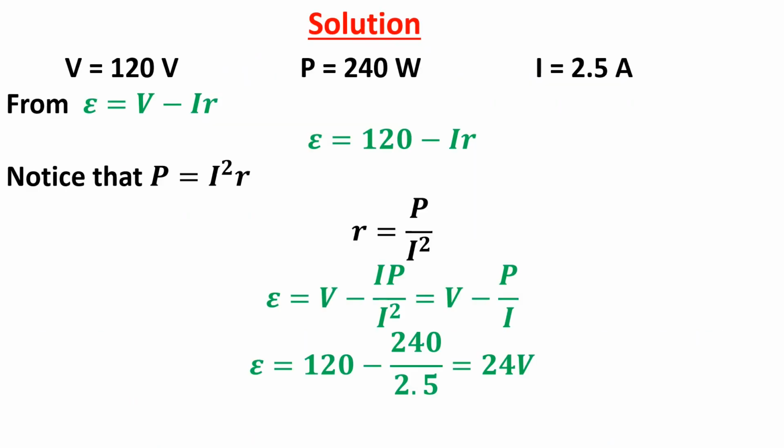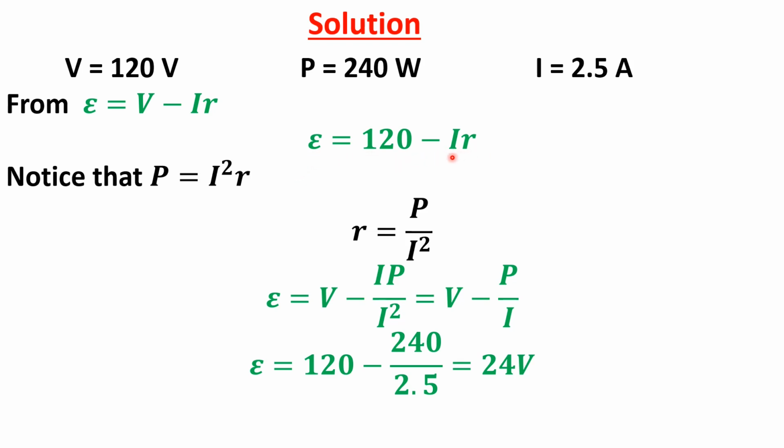So we can now solve our question by using the derived expression for the back EMF. Remember that V was equal to 120 volt, P was equal to 240 watt, and I was equal to 2.5 ampere. All of these quantities were given in the question. From epsilon, which is the back EMF, equals V minus IR, we obtain epsilon equals 120 minus IR.